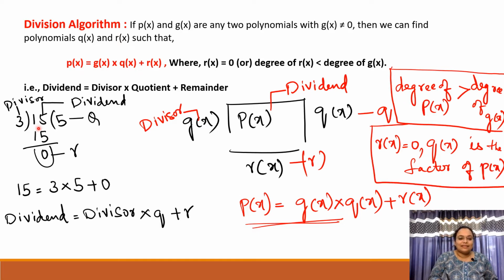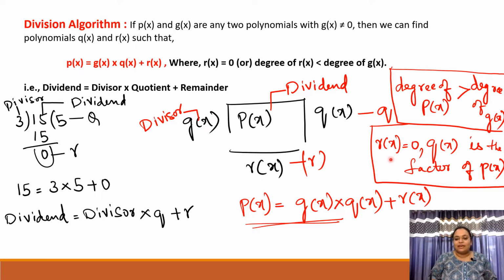So if you see this example, when you are dividing this dividend by divisor, we can say that 3 is a factor of 15, right? And also 5 is a factor of 15. 3 as well as 5 are factors of 15.